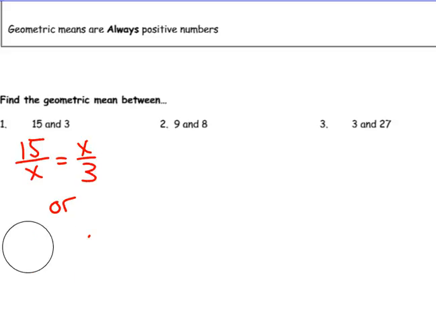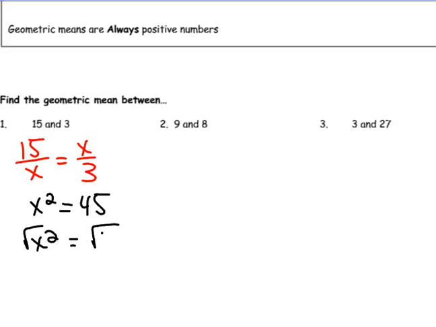Let me erase this. And let's solve this. So we're going to get X squared equals 45. We're going to take the square root of both sides. I'll get the square root of X squared equals the square root of 45. So X equals the square root of 45. So this is not our final answer because we can simplify the radical.